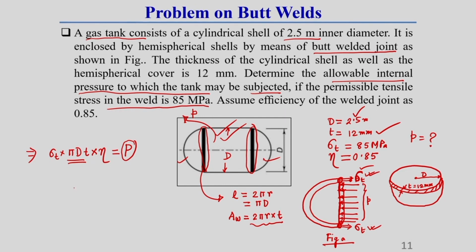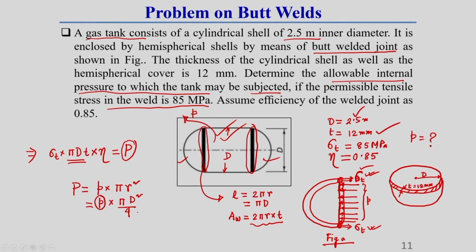So, this strength P should be equal to the internal pressure, let us say small p, into the projected area of this internal pressure. The projected area will be pi r square, or you can say p into pi d square by 4, correct. From here we have to calculate this small p.